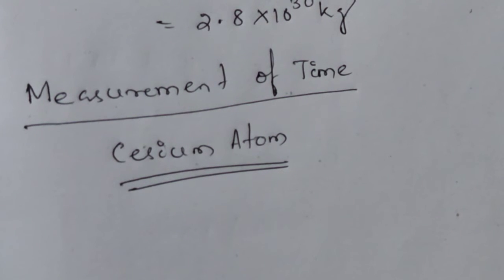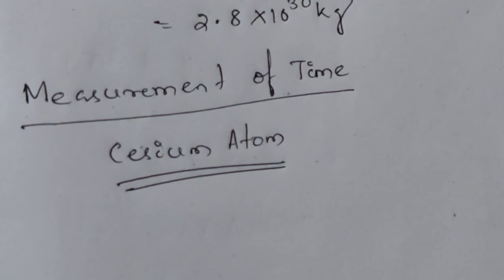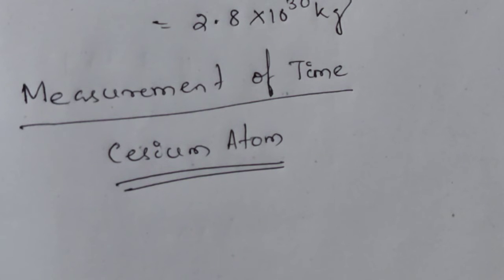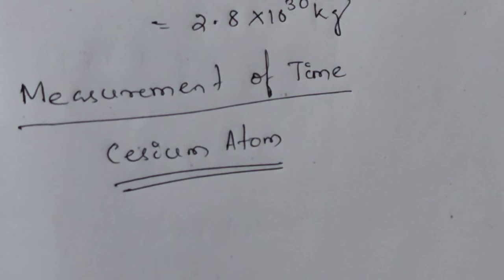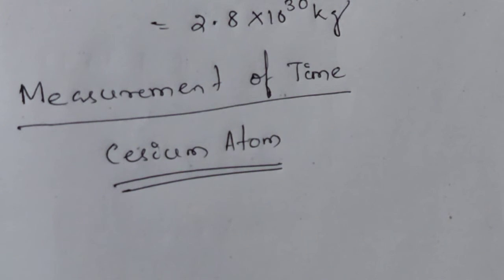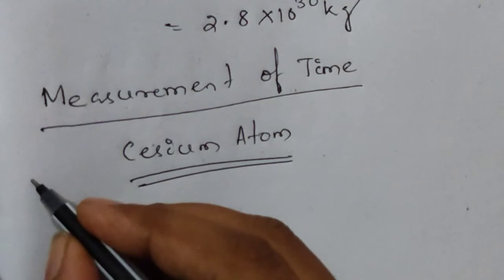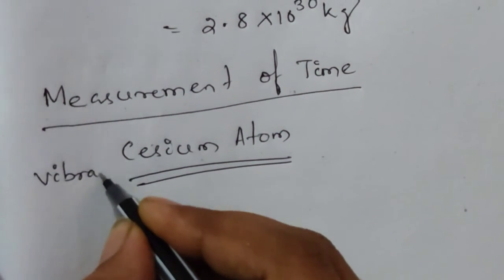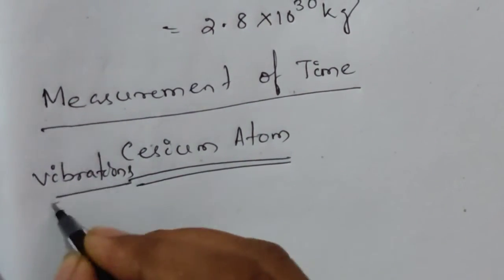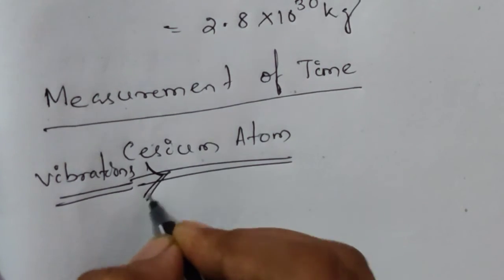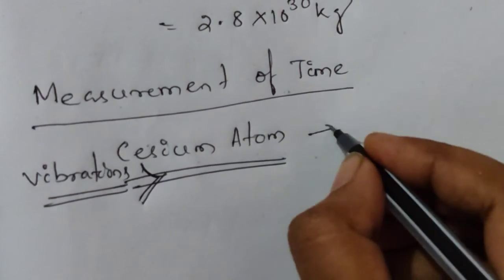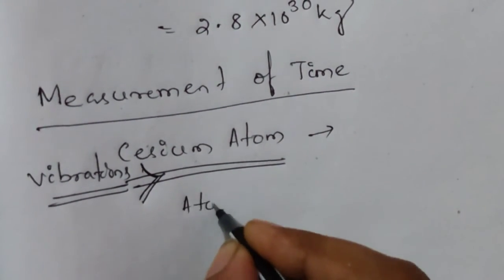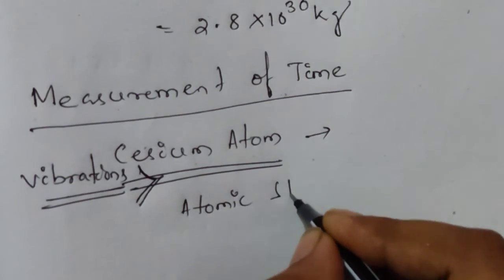So what I said, an atomic standard of time is used. Atomic standard of time means the periodic vibrations produced in the cesium atom. The periodic vibrations produced in the cesium atom is known as the atomic standard of time.